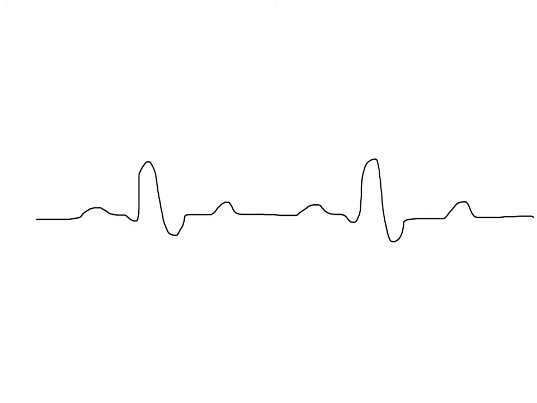Okay, I've indicated two cycles here. You should be able to label an EKG graph. So this is my P wave, this is my QRS complex, and this is my T wave, and here is the next cycle.